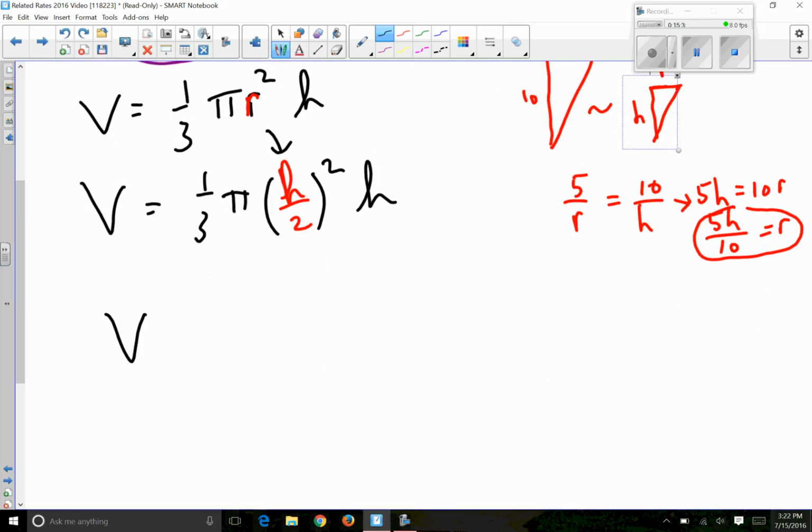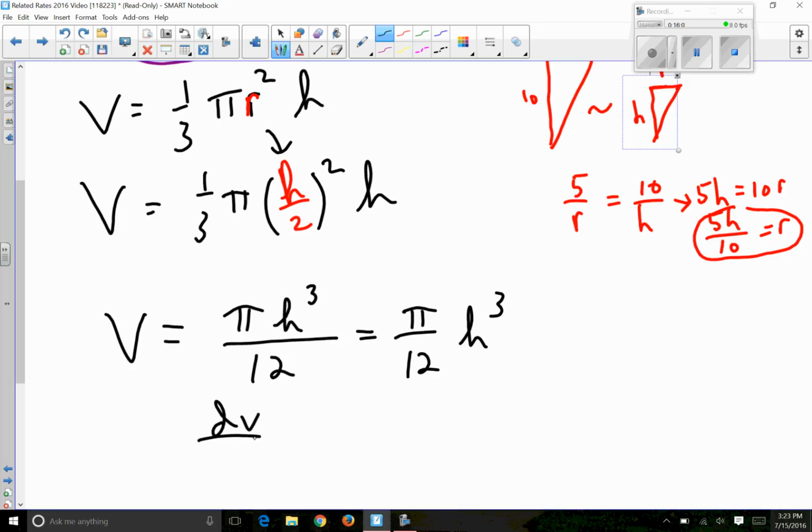Or the volume of the water in the tank is pi h cubed over 12, because h squared times h is h cubed, times pi times 1 is up here on top. 2 squared is 4, and 4 times 3 times 1 is 12. That's the same as pi over 12 times h to the third.